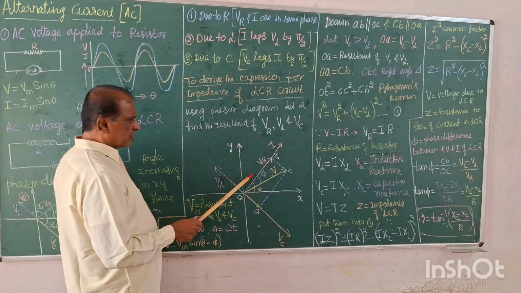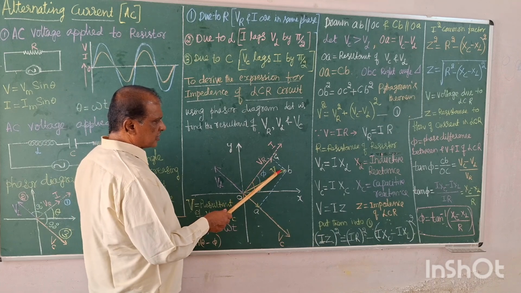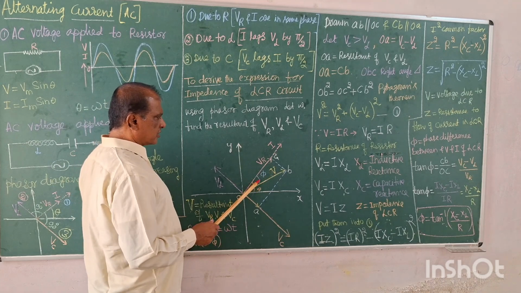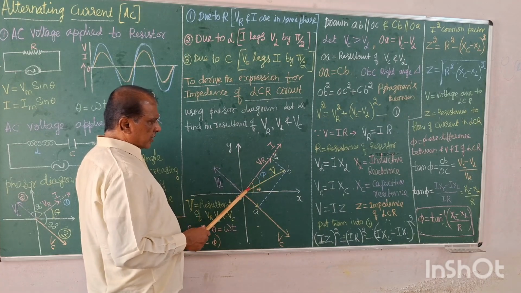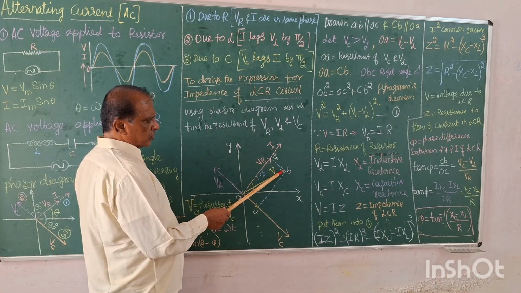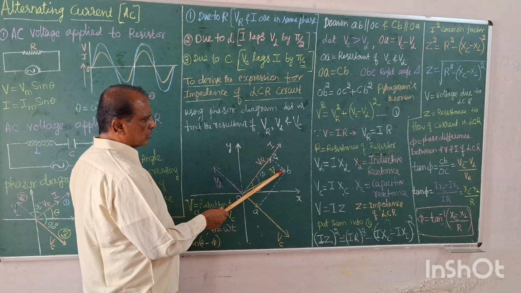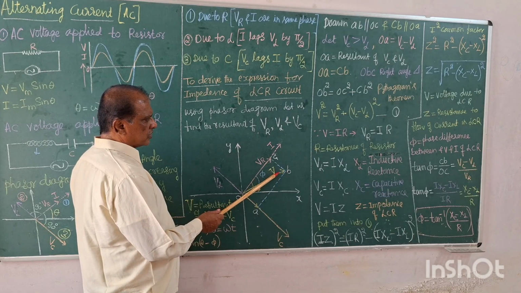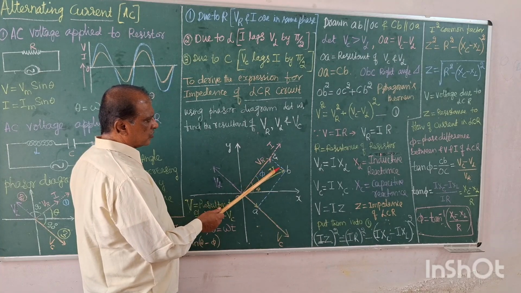After finding the resultant of these vectors, we get a line like this. This is the resultant vector showing the direction of the resultant voltage and the magnitude, the peak value of the voltage. And you see that there is always a phase difference between the current and the voltage.